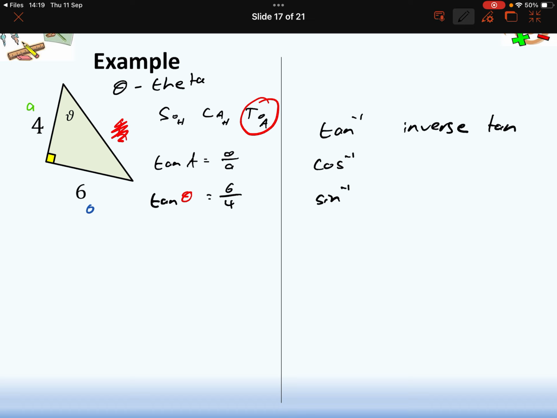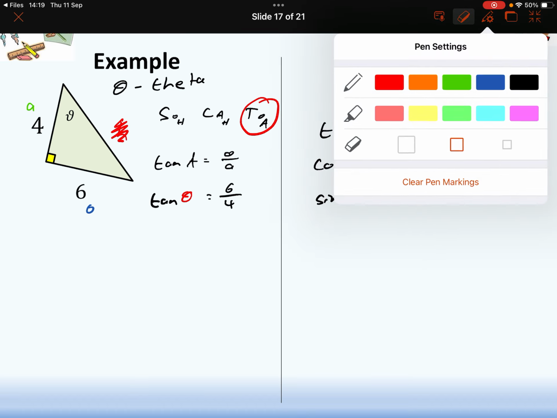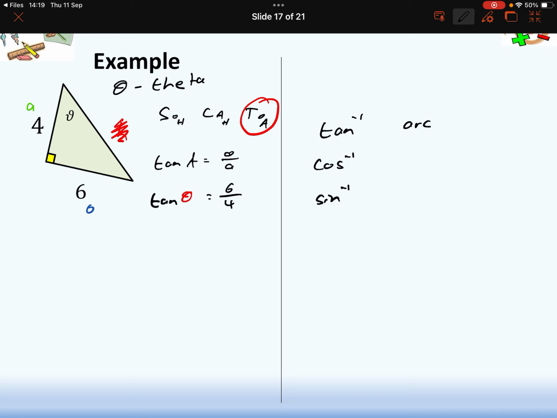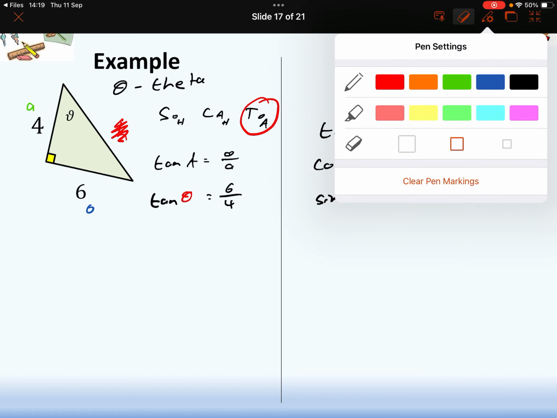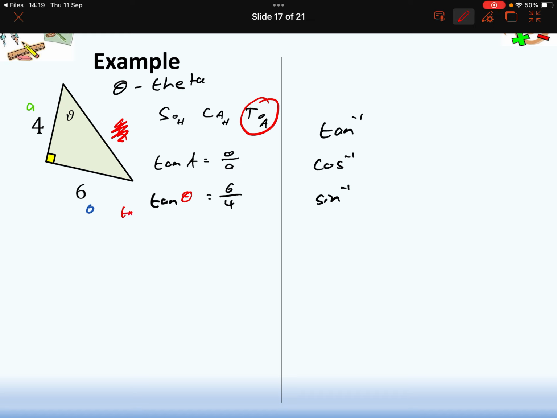Another word for some of these, which you might see, wouldn't come for us very often, but arctan is the same thing, or arccos, or arcsine. But usually for anything we're working on, it'll be tan inverse, or tan to the power of -1. So I need to do tan inverse to both sides.